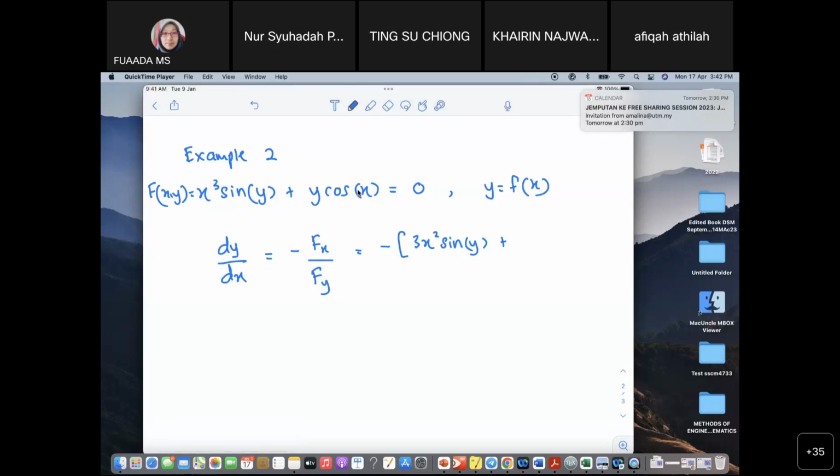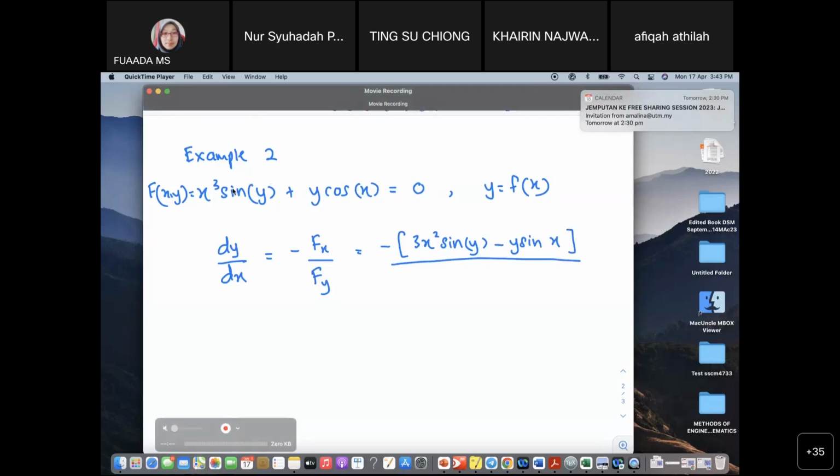So, y constant, so cos jadi negative sine. Negative y sine of x, divided by fy.